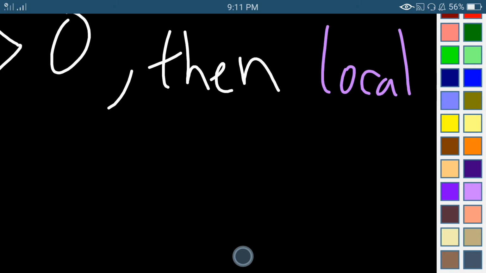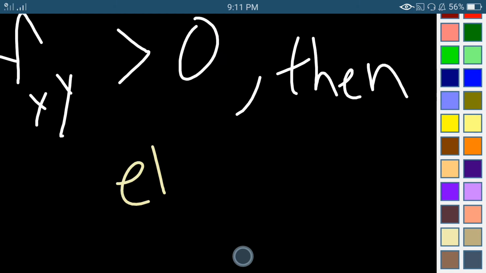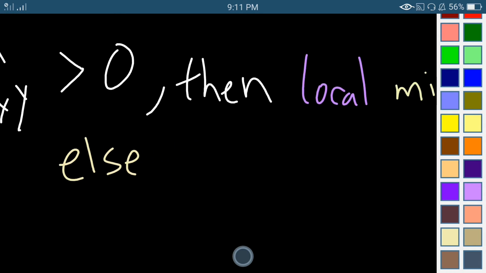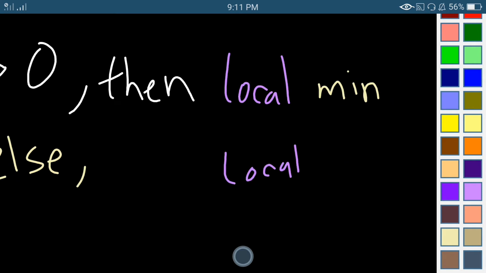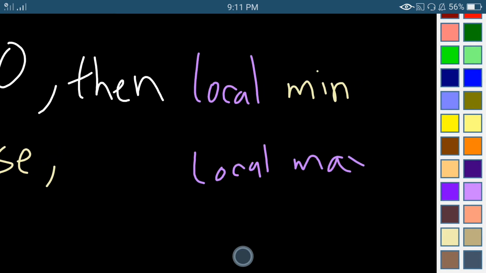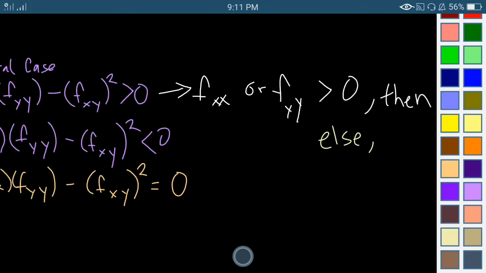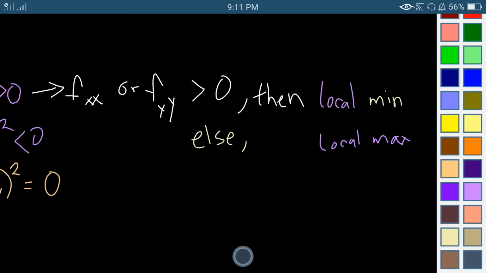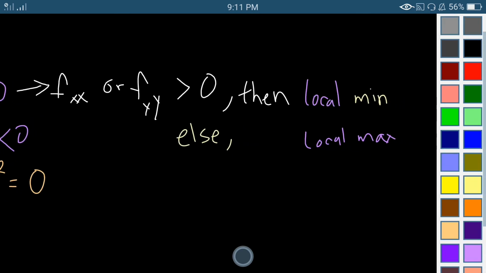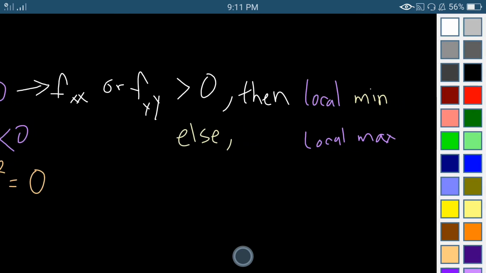Else, meaning if it's less than 0, it's a local max. So hopefully that is intuitive. All right, so this is the case that we want.